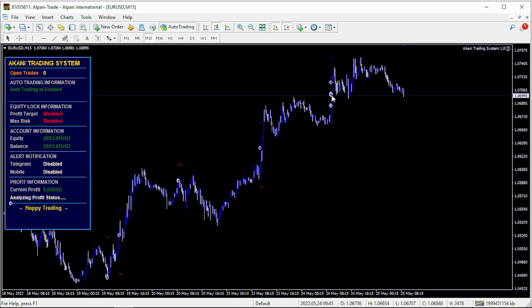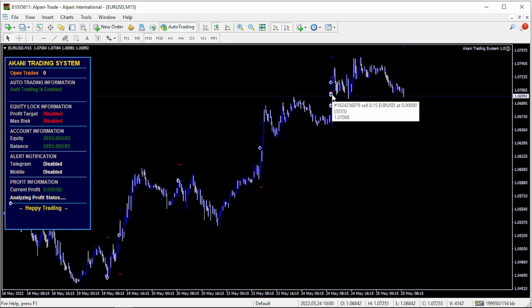So this is why we integrated Eve into the Akani trading system, the Eve strategy, because we believe that, as you know, the Akani strategy tends to trade the fading moves in the market.